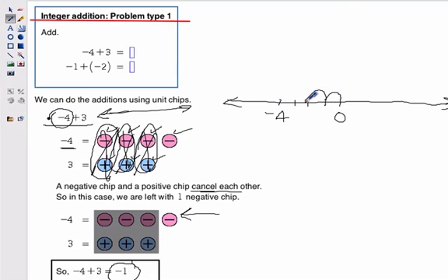So we walk back to -4. Then we walk +3. So from where we landed on -4, we walk positive 1, 2, 3, and where do we end up? At -1, the same answer.